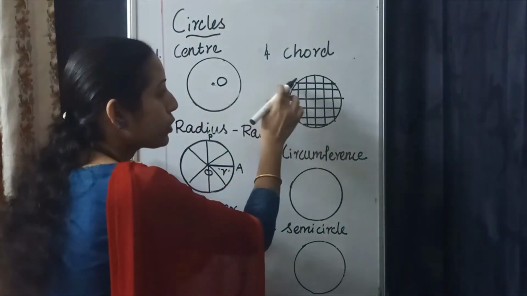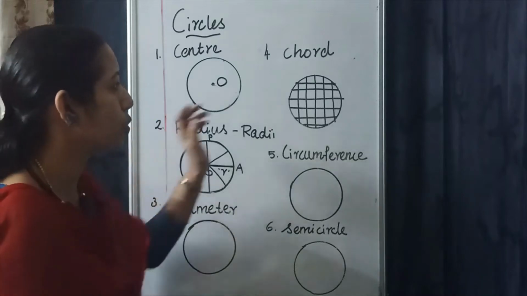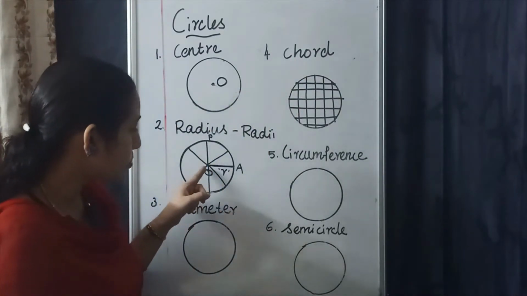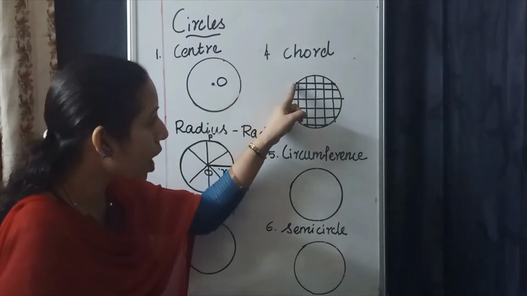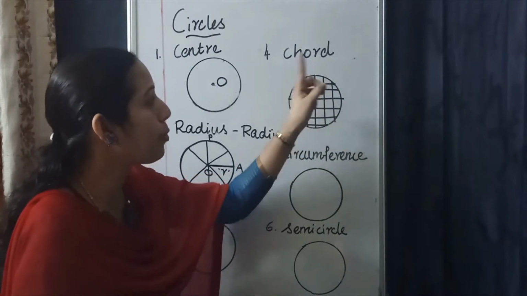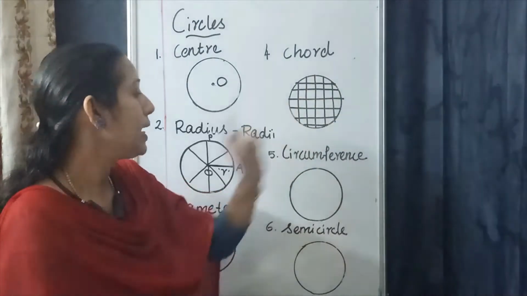Radius means from the center to any point on a circle. Chord means from one point to another point. The line drawn from one point to another point is called the chord. Clear?